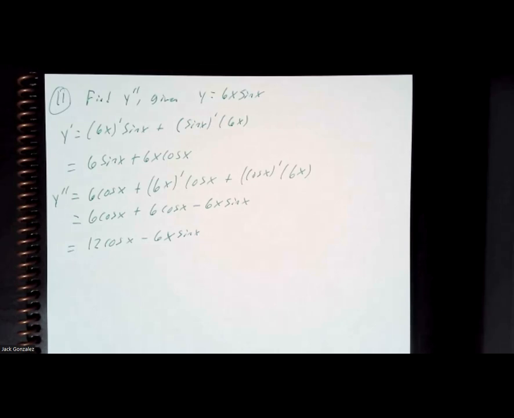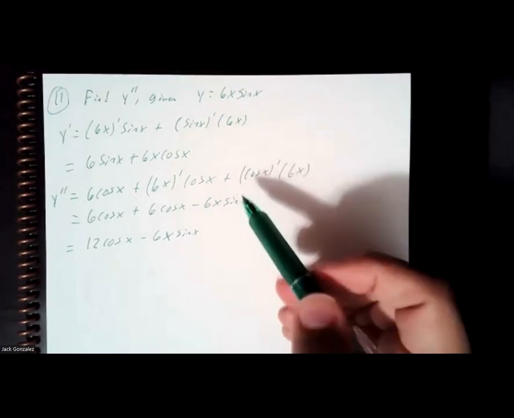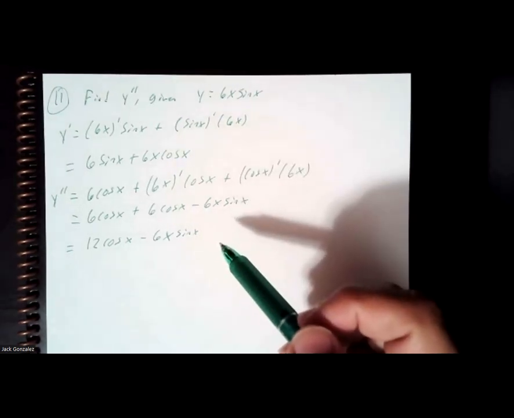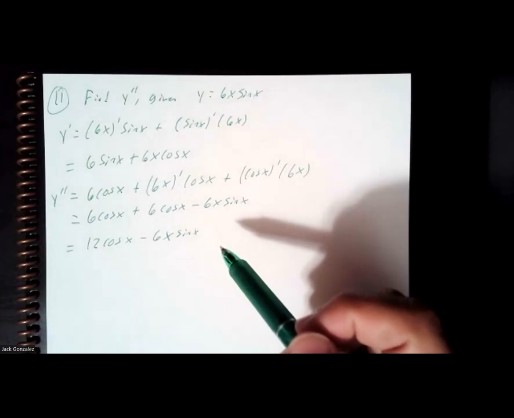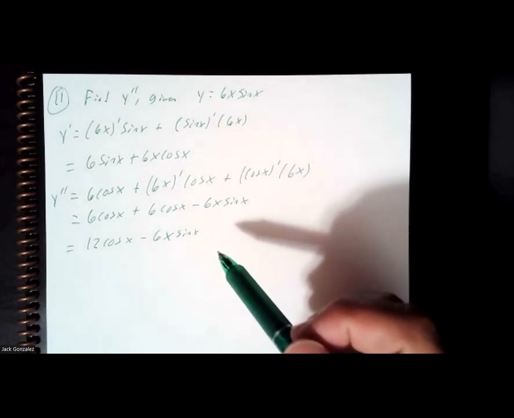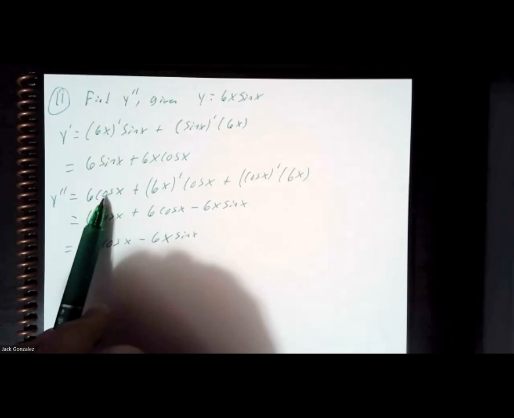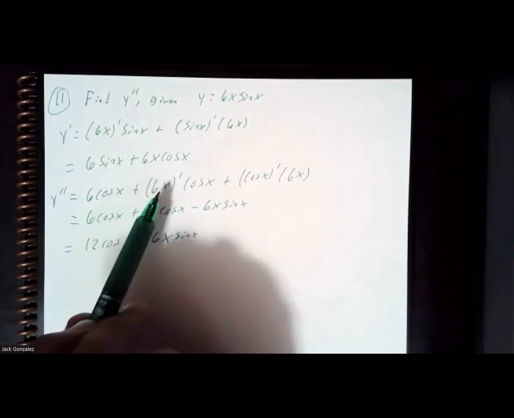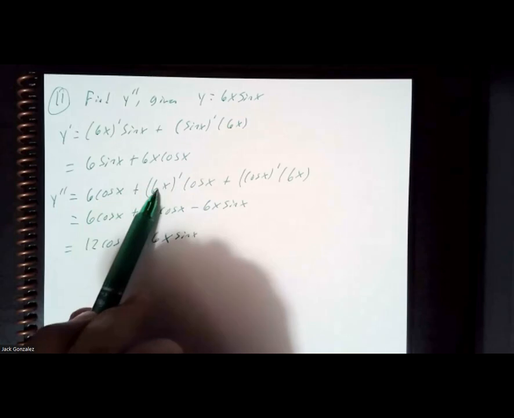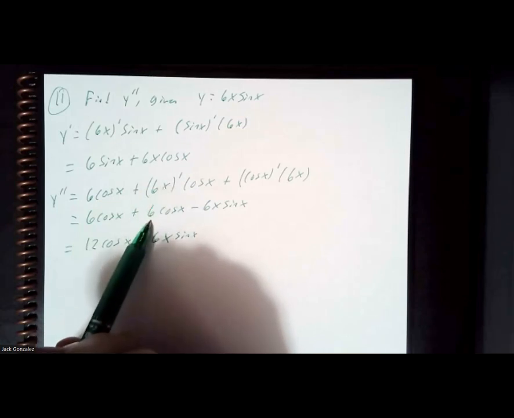So why does the 6x sine x keep that x right after the 6, but the 12 cosine x isn't 12x cosine x? The solution. Because they were both multiplied by 6x, so why is it 6x sine x and not also 12x cosine x? Well, this doesn't have an x, right? Oh, I forgot. Yeah, it got cut out. And then this derivative is 6. Yeah, I forgot the derivative of the 6x.